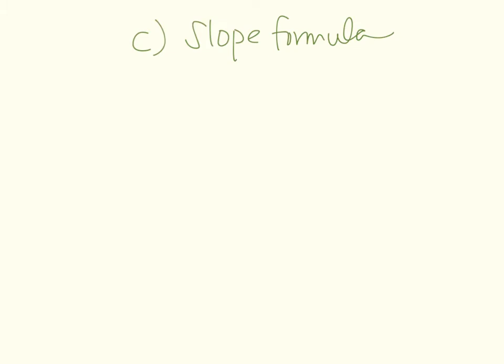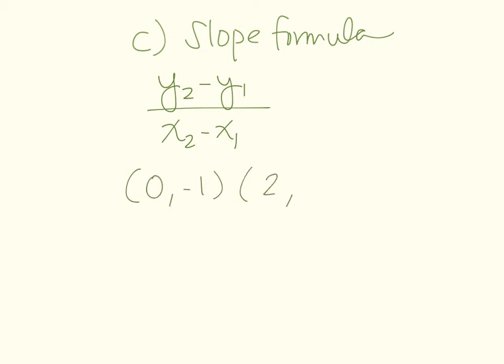The last way is the slope formula, and that's just basically y2 minus y1 over x2 minus x1. You just plug in and you find out what it is, right? Same thing as what you've done before, except you're using a formula now. So for example, if I have (0, -1) and say (2, -5), and I want to find the slope. Okay, I'm going to call this x, y, but we have to denote it. This is the first point and the second point. That's why we have subscripts.